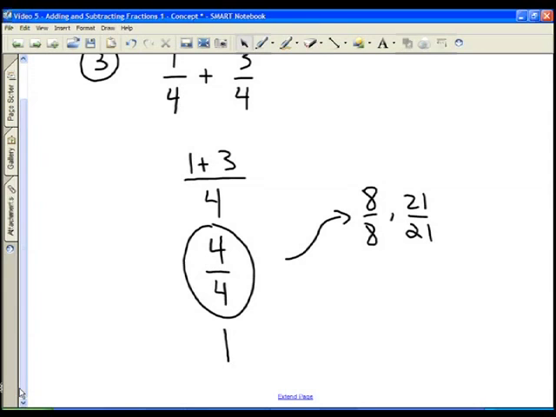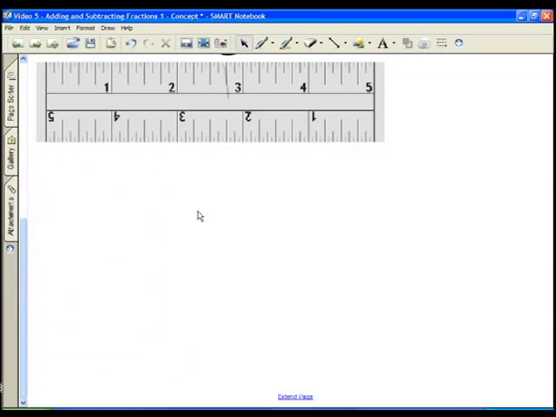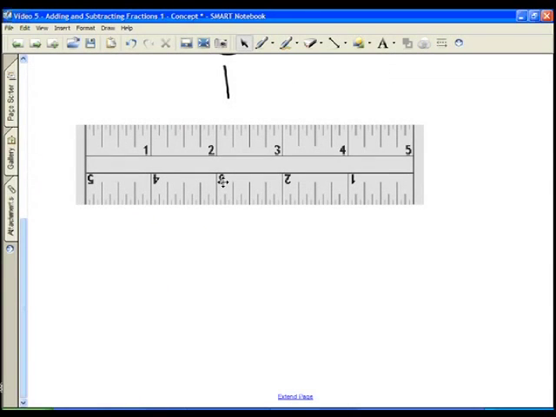And we can again see that on our ruler. Here, if we have 1/4, which is here, and now, so there's 1/4, and if we add 3/4 to it, and I'll do that in red, well, there's 1/4 more, 2/4 more, and 3/4 more, and you can see we land right here at 1 whole.